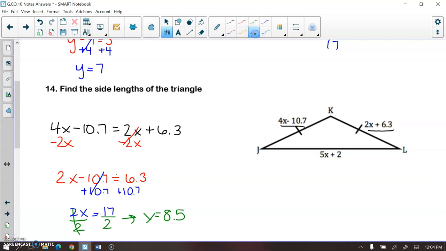So if I put 8.5 back in for x here, 4 times 8.5 is 34 minus 10.7 is 23.3, which means that the side that it's isosceles to or congruent to is also 23.3. But I do need to find the base, so I'm going to put 8.5 in here. 5 times 8.5 is 42.5, plus 2 gives us 44.5.